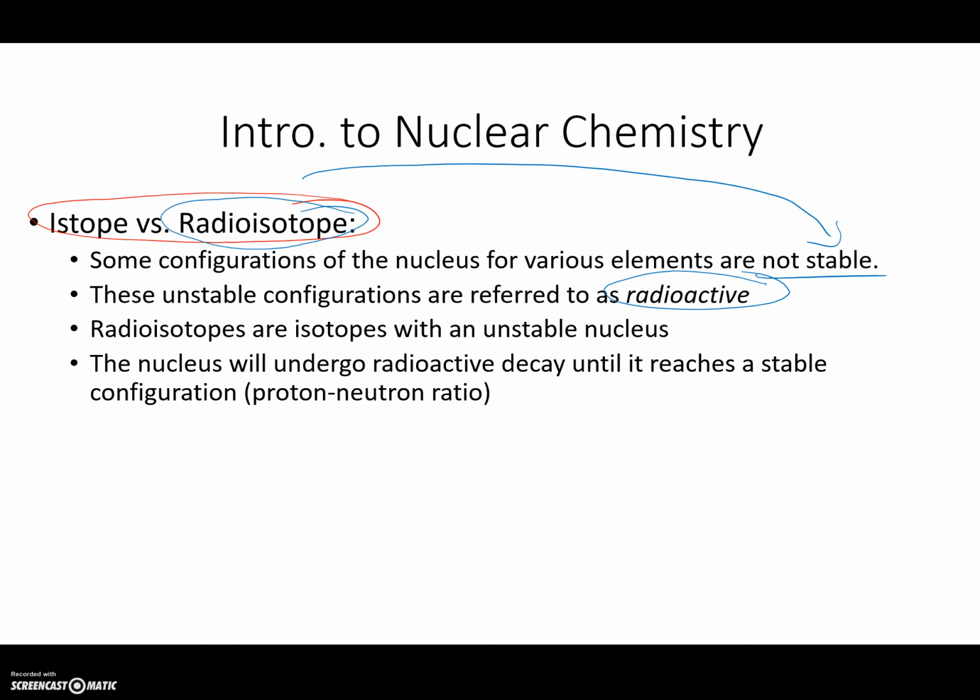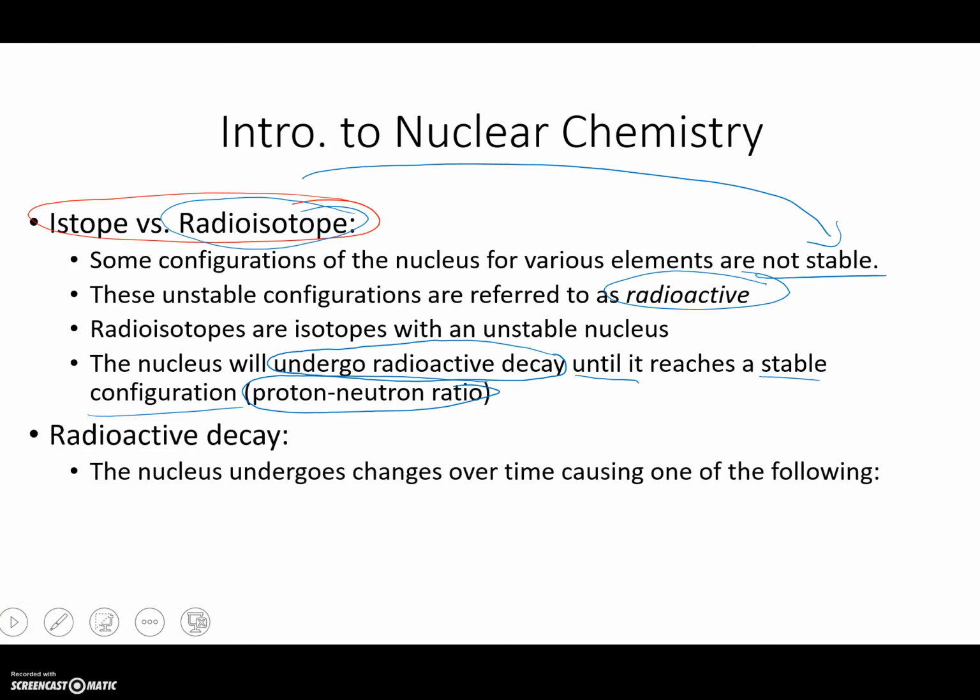But what's important to us in this case is they will undergo what we call radioactive decay, all right, until it reaches that stable configuration. And just by the way, when I say configuration, we're usually referring to some sort of proton to neutron ratio. And that takes us back to that band of stability exercise that we're working on right now, which we will bring back in this week just to tie some things together.